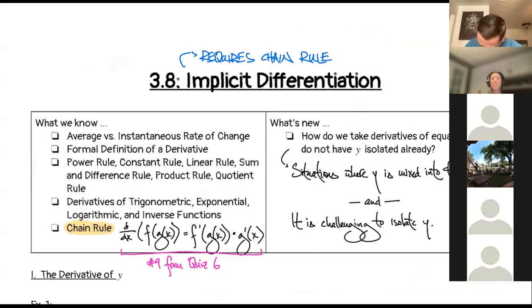I would love for us to think more like, wow, this is another chance for us to practice that chain rule, the super important rule that comes up all the time. And not only does it allow us to solve chain rule problems, but now there's a whole other class of functions that we can also find the derivative of, okay? All right. We get to use the chain rule. Exactly. It's so special. We totally get to use the chain rule.